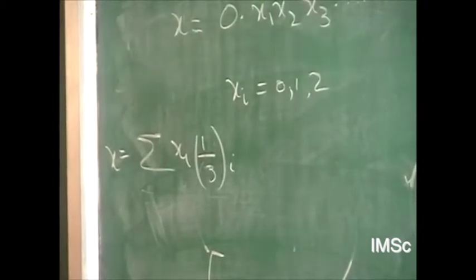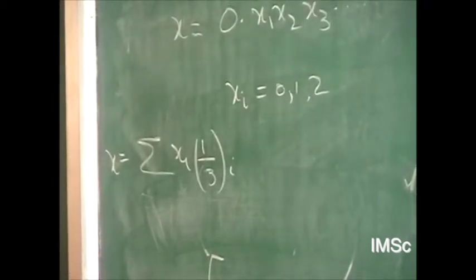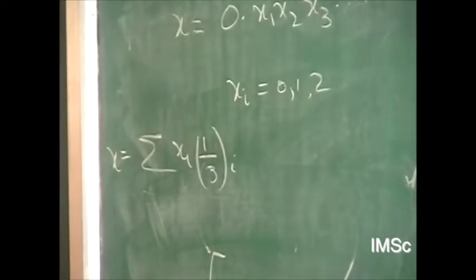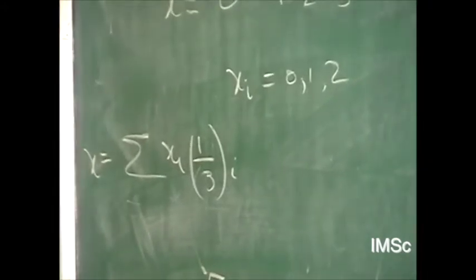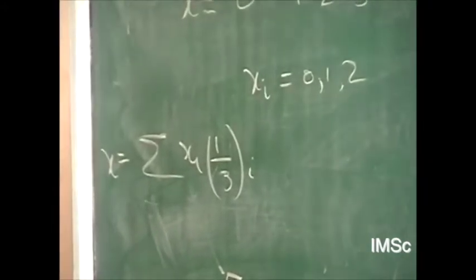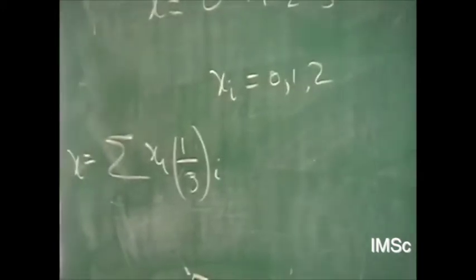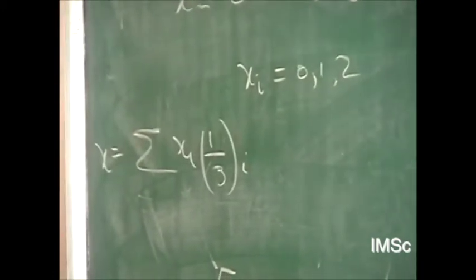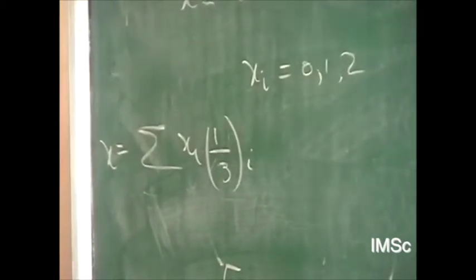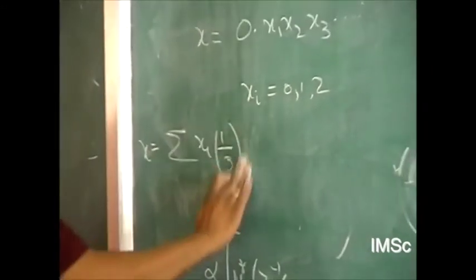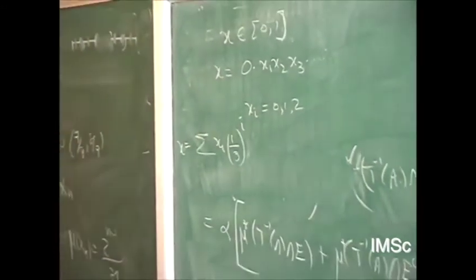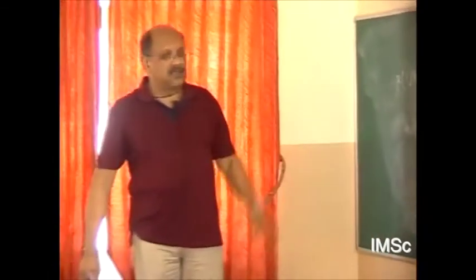This is called the ternary expansion, like binary expansion. The expansion in base 10 is the usual decimal expansion. So here it is 1 by 3 instead of 1 by 10 or 1 by 2. This is the ternary expansion, sigma xi into 1 by 3 power i.